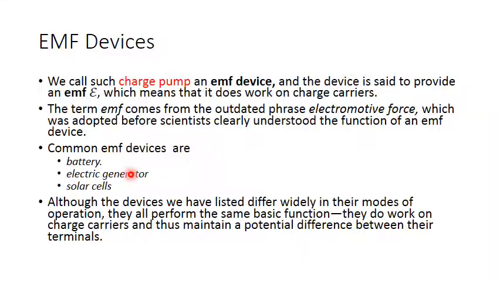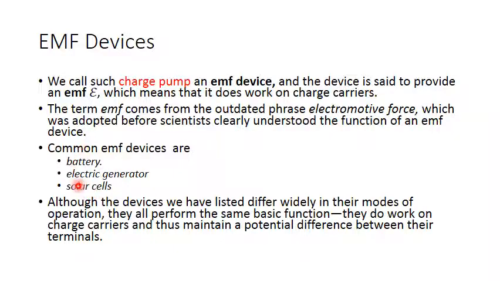So effectively in the car we have two types: a battery and an electric generator. At the starting, the car depends mainly on the battery. While the car is moving, it depends on the electric generator. Another type of EMF device is solar cells. Solar cells are another type of electromotive force devices.